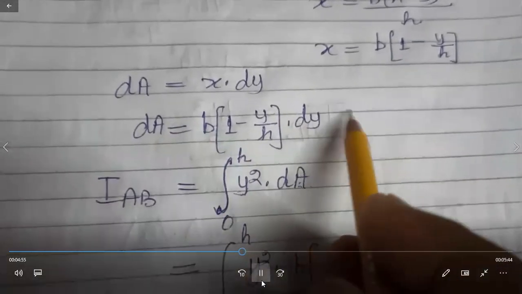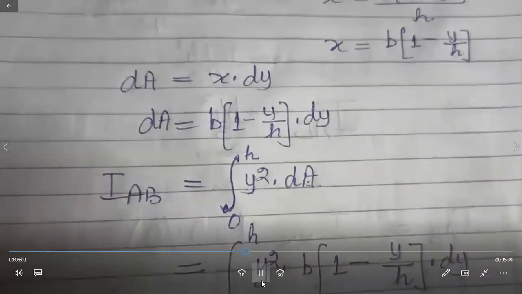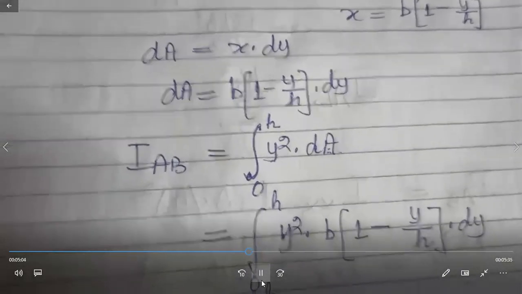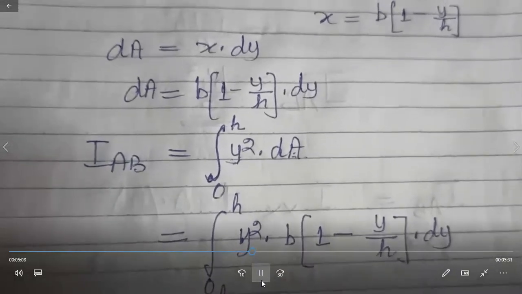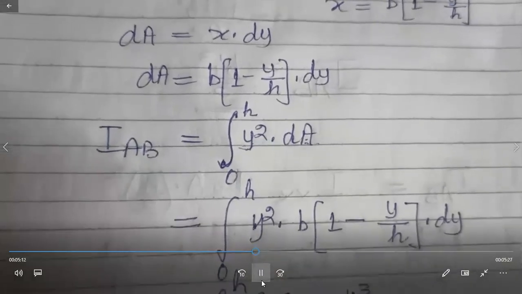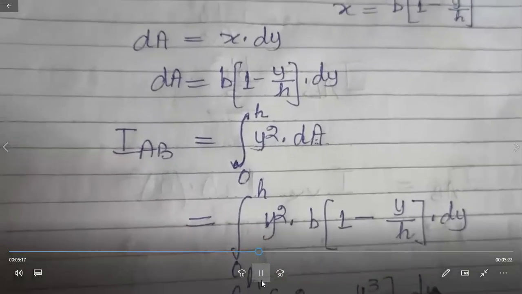This is the value of dA, b into 1 minus y upon h into dy, or this is equal to b, integral 0 to h, multiplied inside, this will give you y square minus y cube by h into dy.